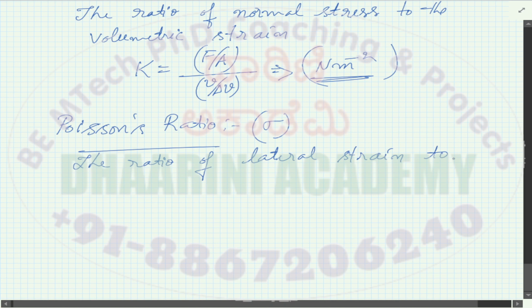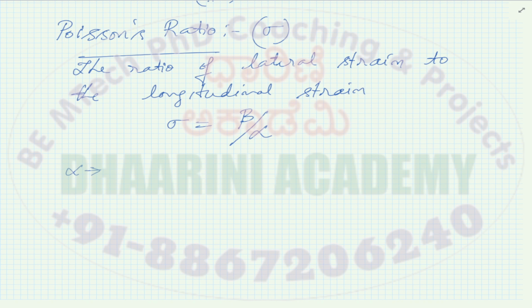Now I'll tell you what this beta is and what this alpha is. Here alpha is nothing but the change in length per unit length per unit stress in the direction of the stress.